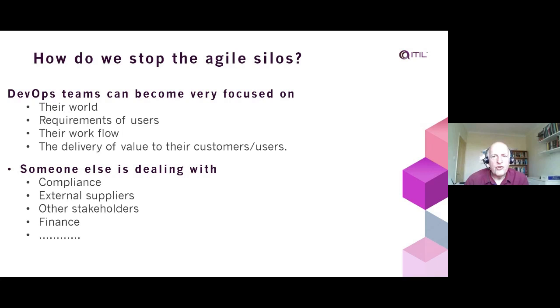So it's very important that we try to stop these potential agile silos. I saw a DevOps talk the other day, and they were very much focusing on this because they were seeing more and more silos within teams, just because of the focus on what they were doing.